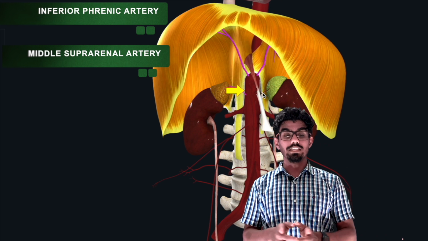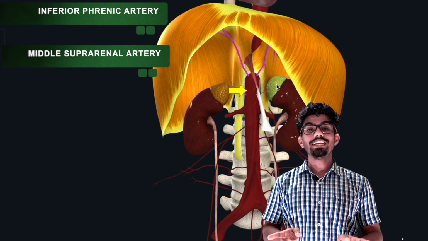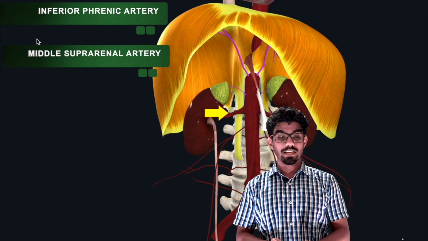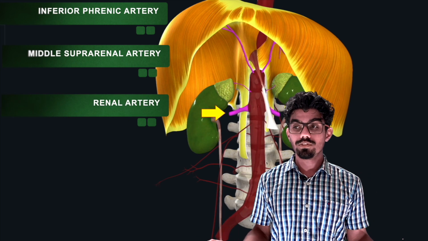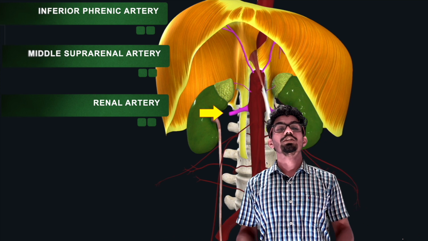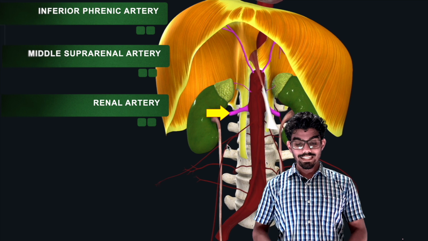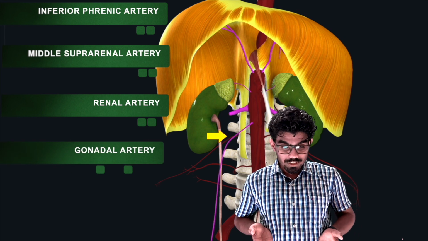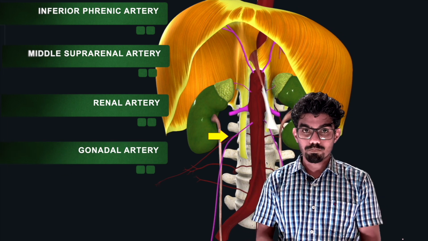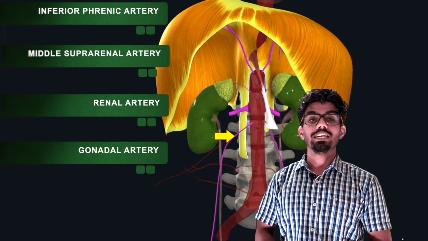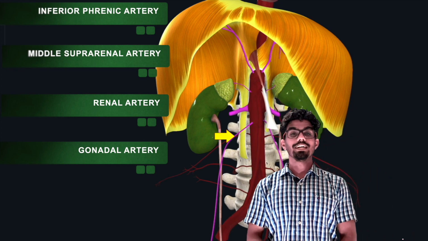And this branch is the middle suprarenal artery. Next arises a branch of the aorta laterally which goes directly to your kidney called the renal artery. And the last lateral branch goes downward in the pelvic region to the respective gonads. In the male, the testicular artery, and in the female, the ovarian artery.